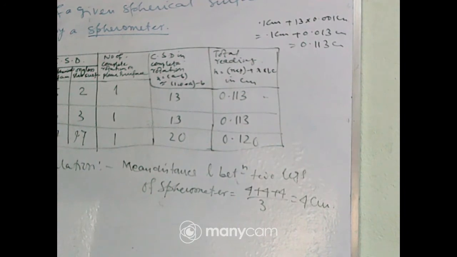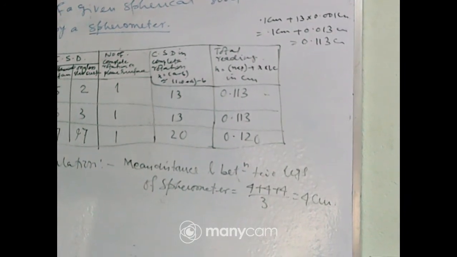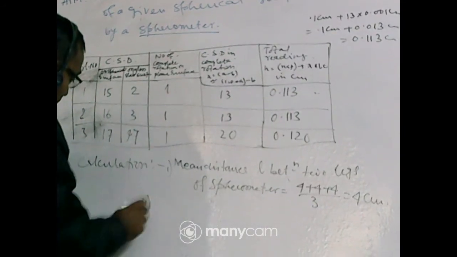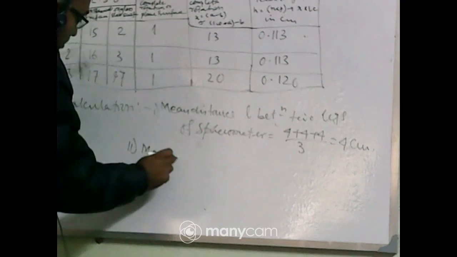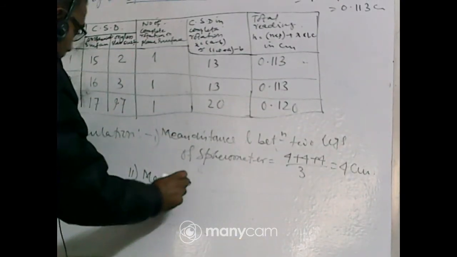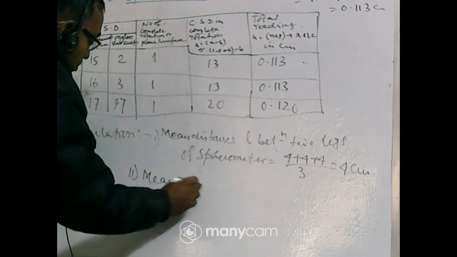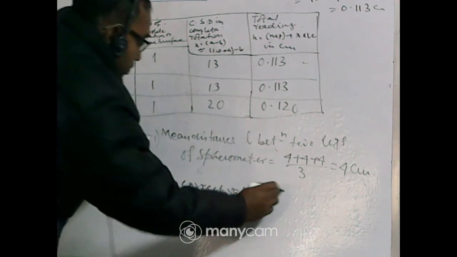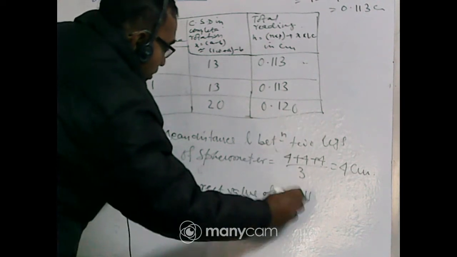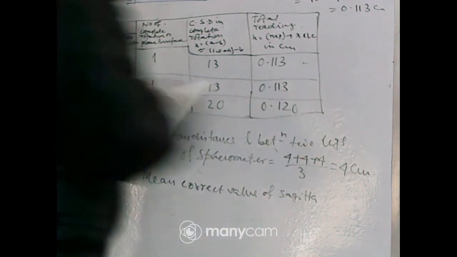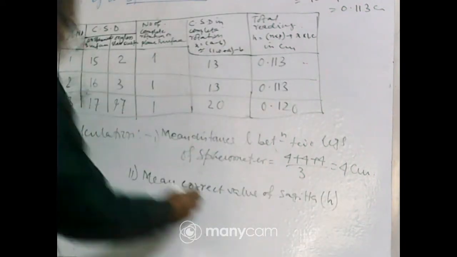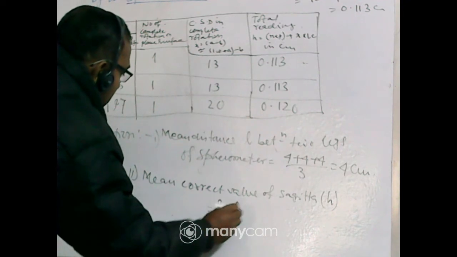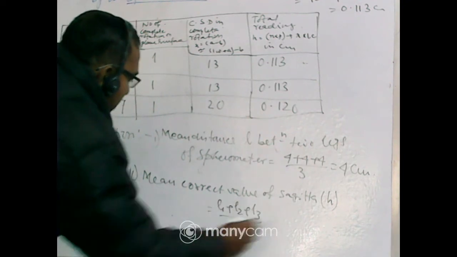Mean correct value of the sagitta, that is equal to h, equal to h1, h2, h3 by 3.